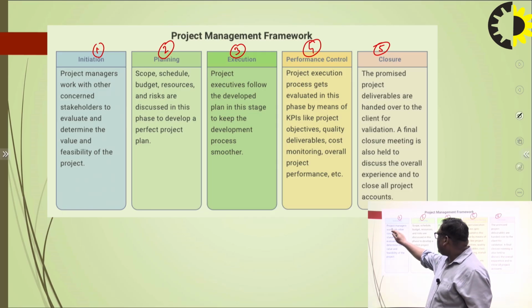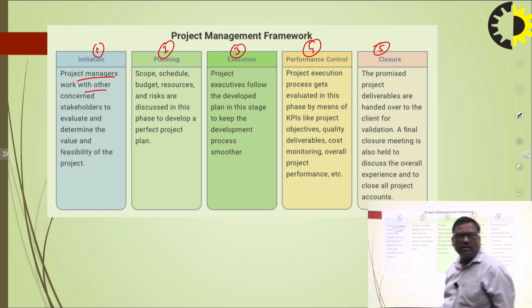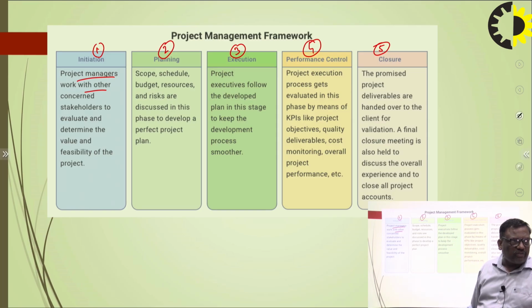In the initial stage, the project manager works with other concerned stakeholders to evaluate and determine the value of the feasibility study, risk analysis, research, finding and creating new things, all the brainstorming.